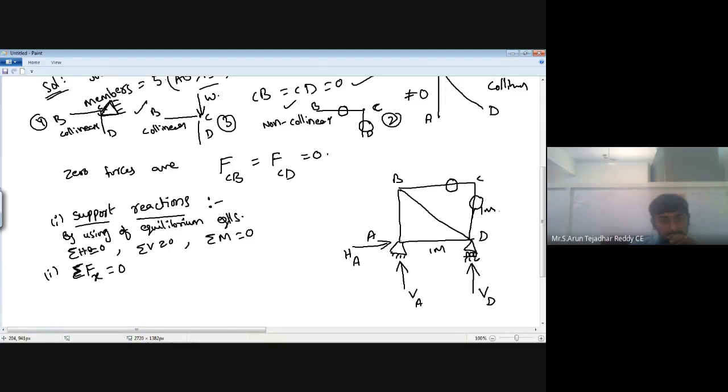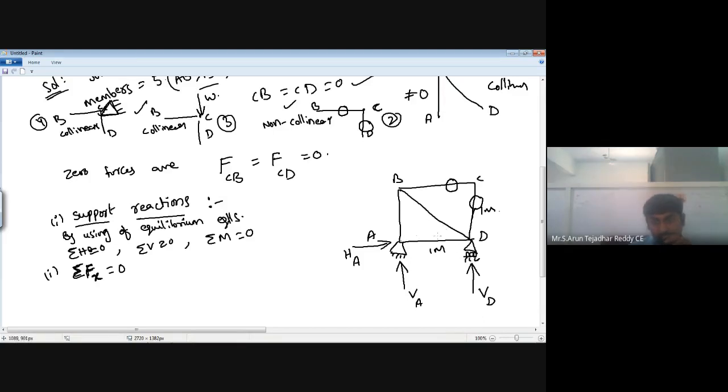First, sigma horizontal forces is equal to 0. Horizontal means here we are calculating forces, indicated as F, and horizontal means x direction. Sigma Fx is equal to 0. So first of all, in this figure, how many horizontal forces are acting?